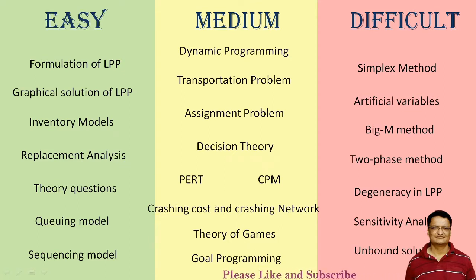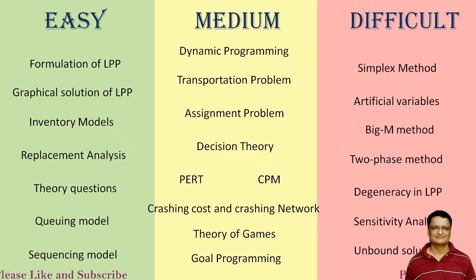Now these are the typical topics under Operation Research, and this list isn't quite comprehensive. It covers the syllabus from almost all universities and almost all courses. There may be some units which are not in your syllabus, so obviously you can skip those.